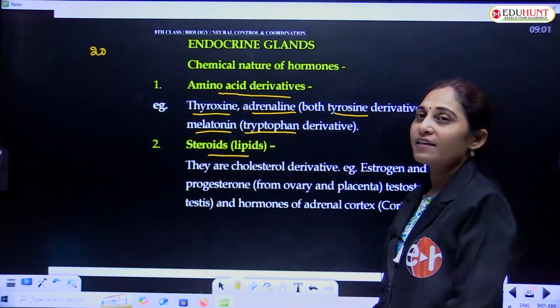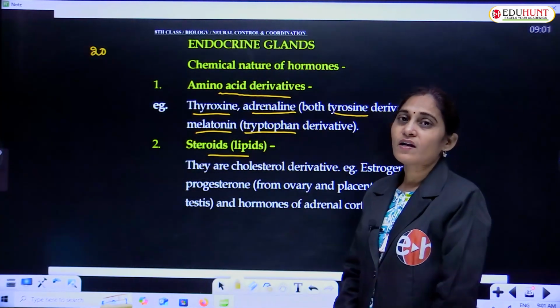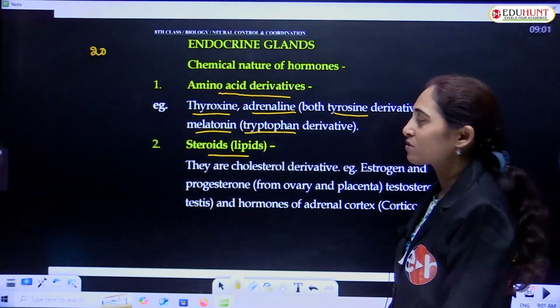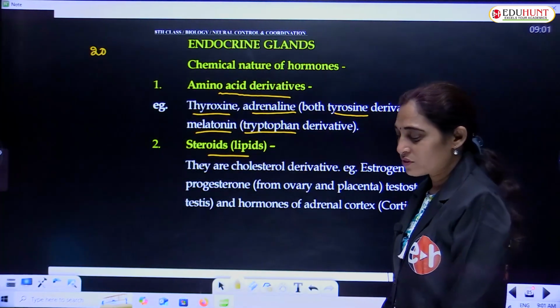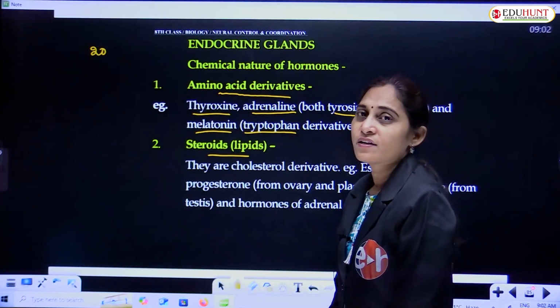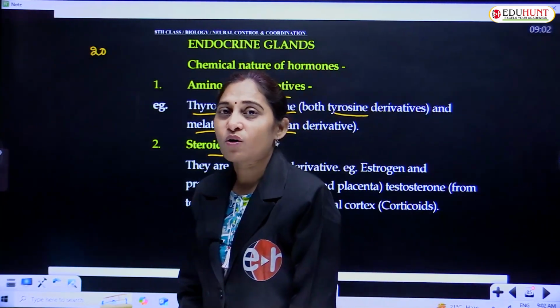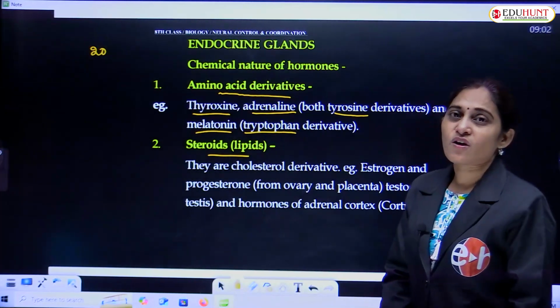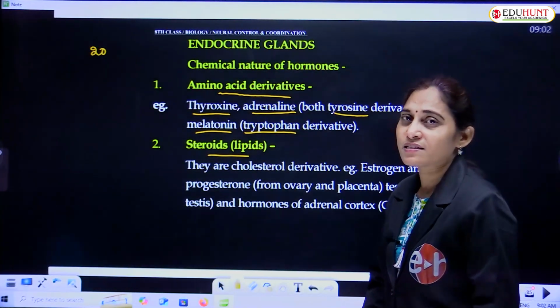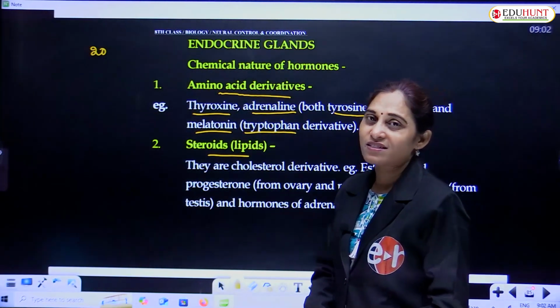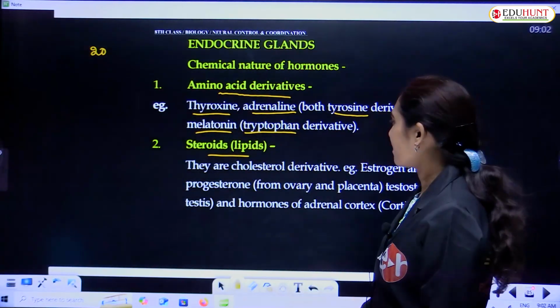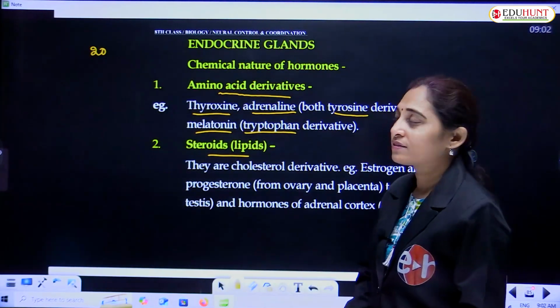And the second category of hormones is steroid hormones, or the hormones which have lipids as one of the components. They are cholesterol derivatives. Lipids are of several types like fatty acids, fats, cholesterols. These are the different lipids.